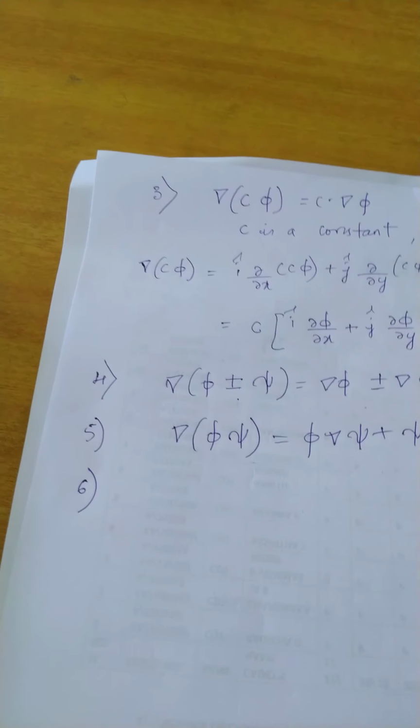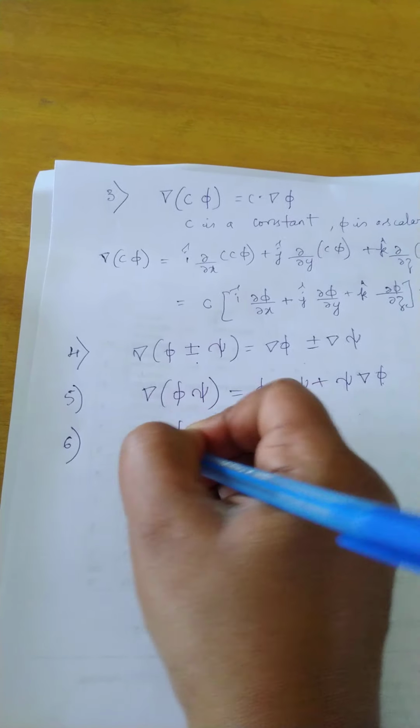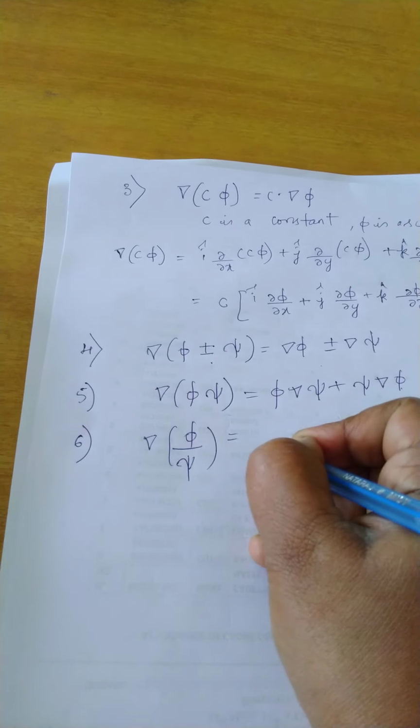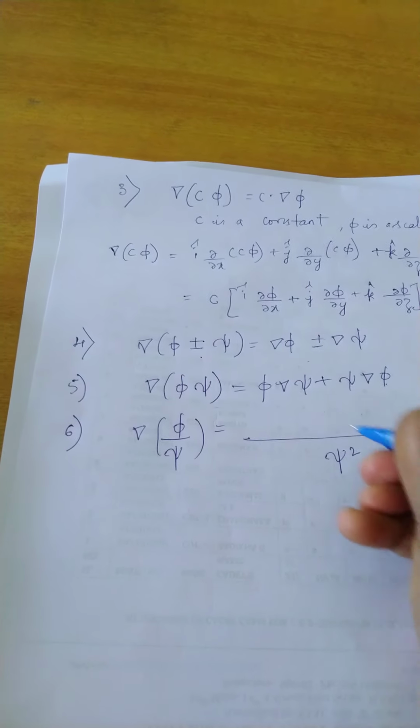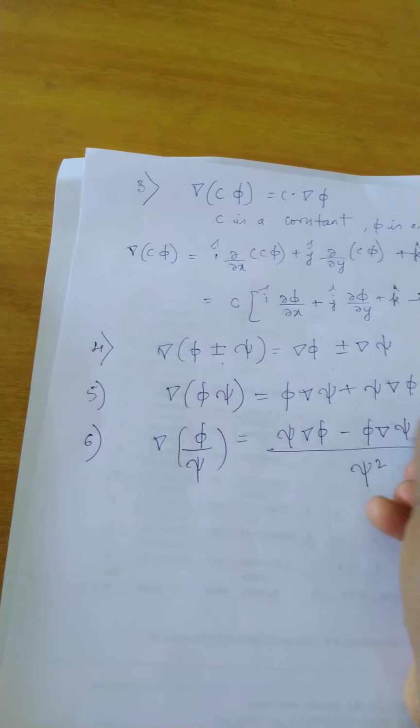Next consequence will be the quotient rule. That is, grad of phi by psi will be equal to 1 by psi square, psi into grad phi minus phi into grad psi.